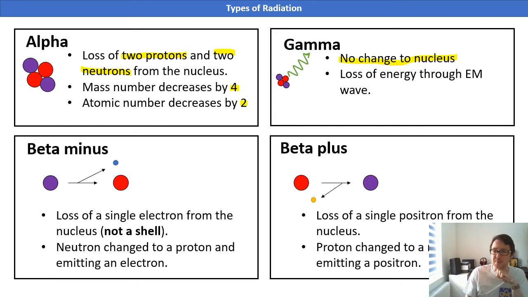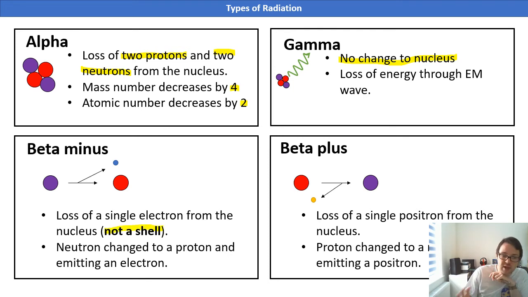Now, beta minus and beta plus are both higher. If you're not doing higher, don't worry too much about this. One of the subatomic particles inside the nucleus has changed. In beta minus, a neutron decays to a proton and in doing so emits an electron. It's not being lost from the shell, and that's really important to remember.